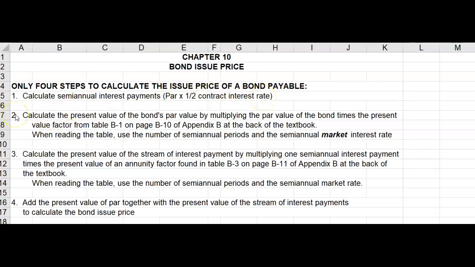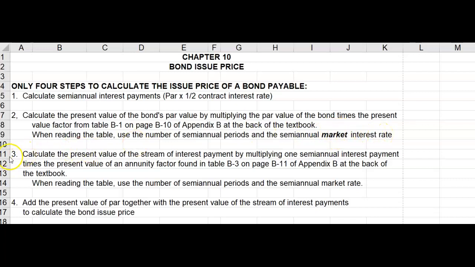Step 2, calculate the present value of the bond's par value by multiplying the par value of the bond times the present value factor from table B1 at the back of the textbook. When reading the present value table, use the number of semi-annual periods and the semi-annual market interest rate.